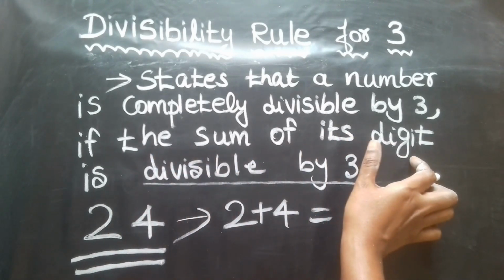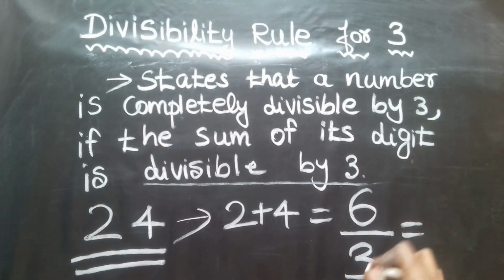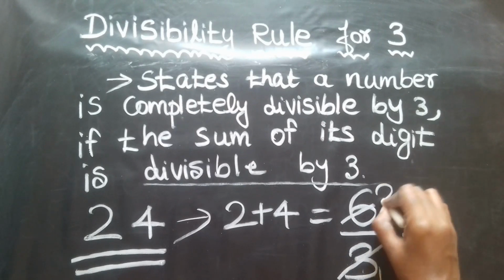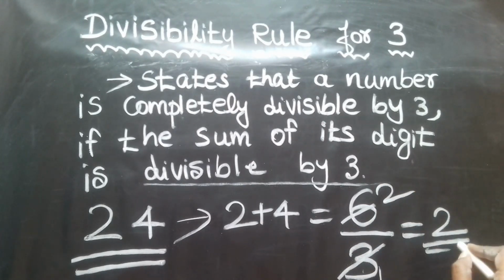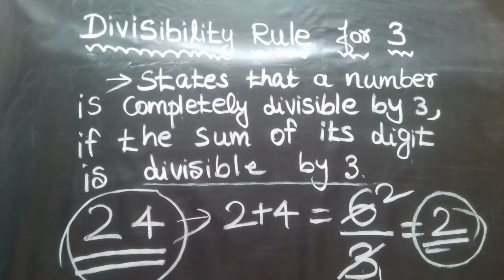Then you divide that by 3. 6 divided by 3 is 2, since 2 times 3 is 6. So it is completely divisible, and you can say the entire number 24 is divisible by 3.